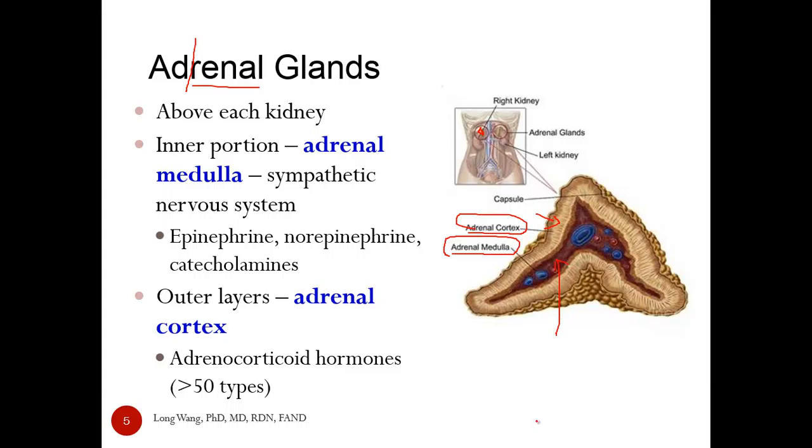The adrenal cortex is responsible for secreting more than 50 different types of adrenocorticoid hormones. There are differences in the structures of these hormones, and as a result, they have different specialties or functions in different tissues.